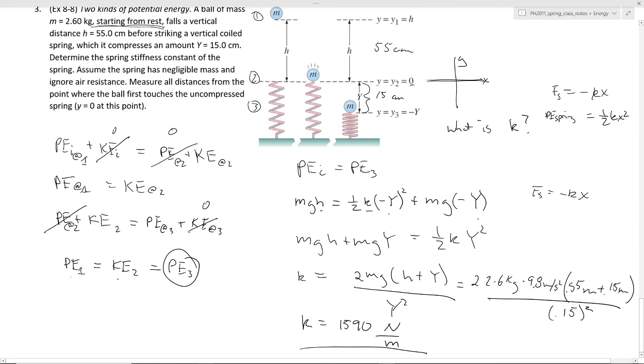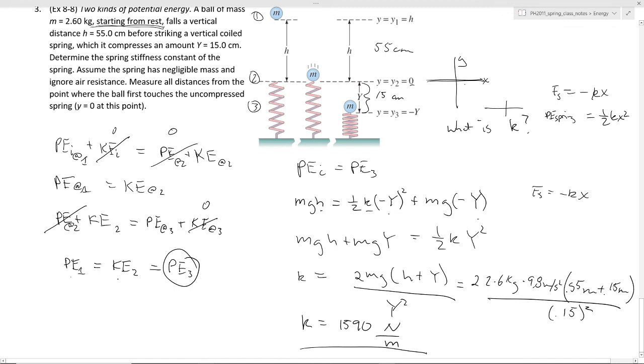So one detail that I would mention is this choice of coordinate system. We did this here because it makes things convenient. You could, for example, put the coordinate system down here. Now, if you do that, this will become a little more complicated, because notice when you go to 2, there will be potential energy still.